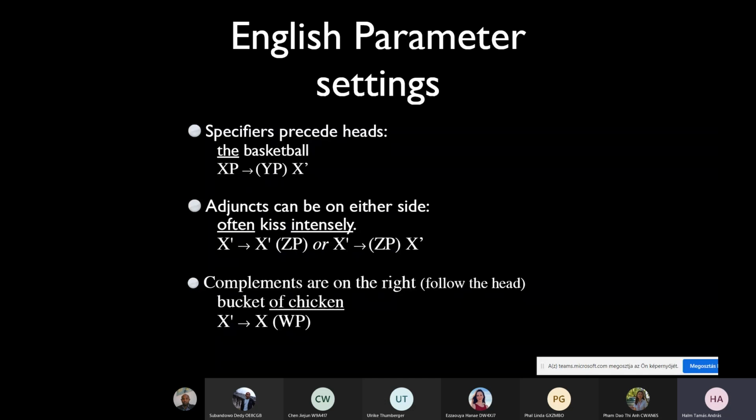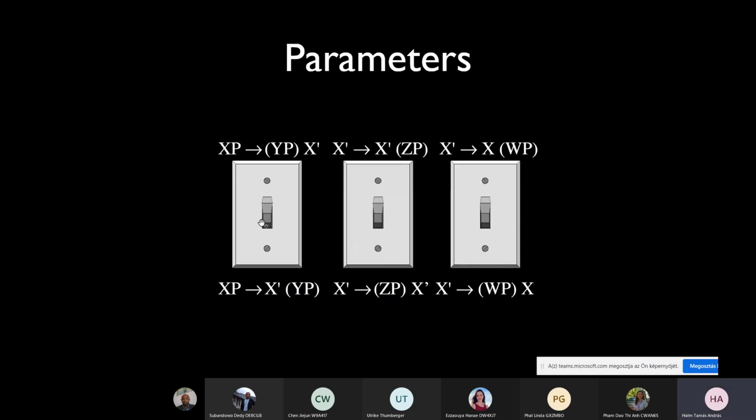The determiner, the definite article comes after the noun. Okay, so Romanian seems to have a different parameter setting. In English, specifiers precede heads. In Romanian, it seems that they follow heads. So this switch is in the other position in Romanian compared to English.